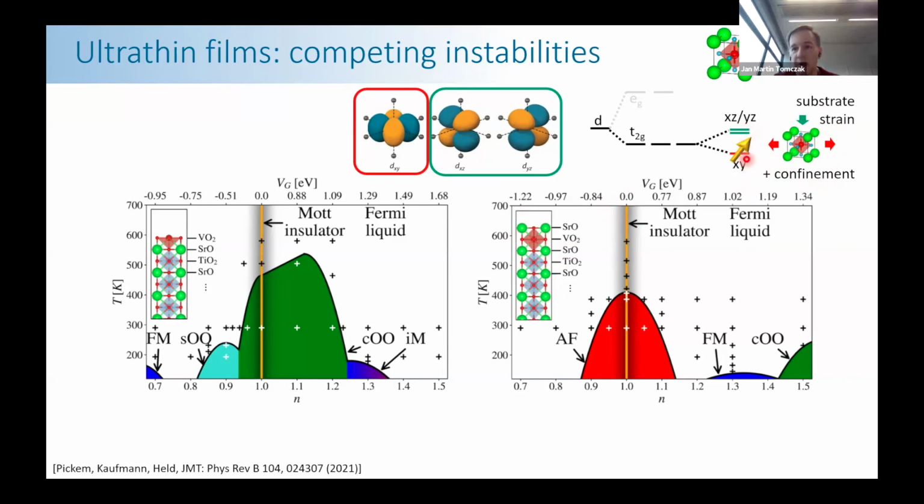So we have one electron in one orbital on a square kind of lattice. And so just like in cuprates, the system can gain kinetic energy by doing the virtual hopping, the sort of superexchange, just like in cuprates, you have an instability towards antiferromagnetic order.